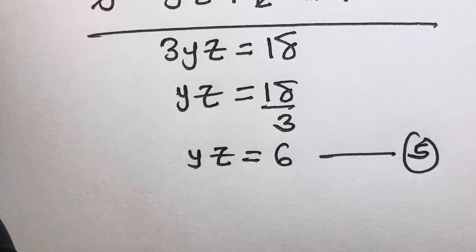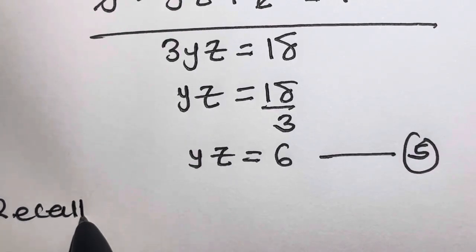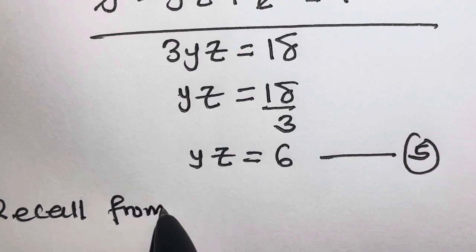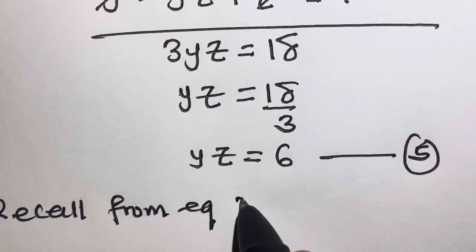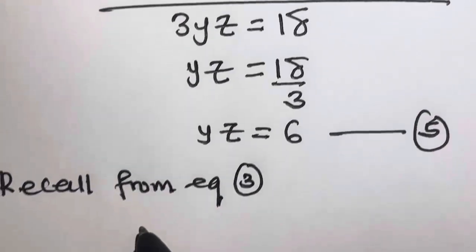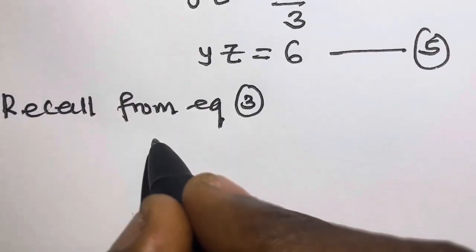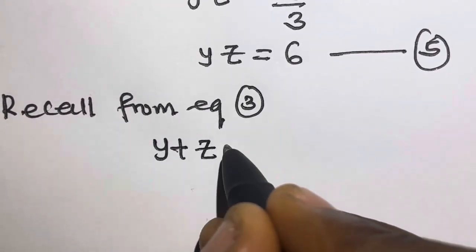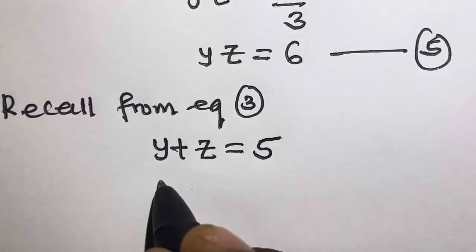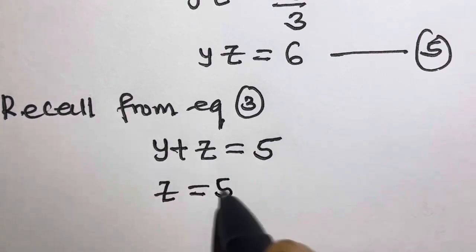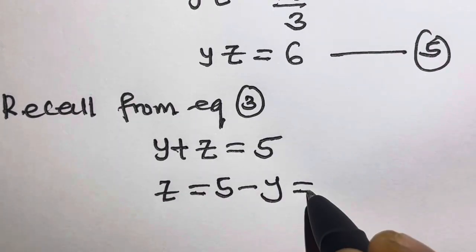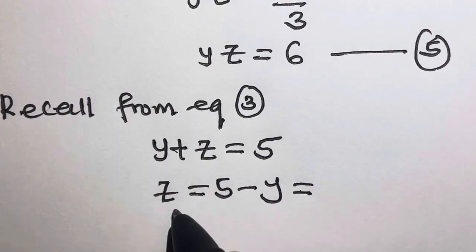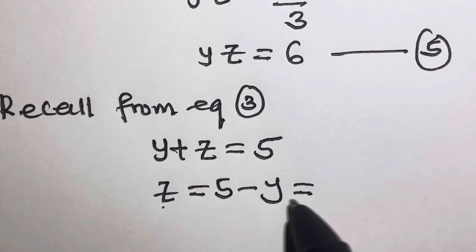So here, let's recall from equation 3 that our y plus z equals 5, and therefore our z will be 5 minus y. So z equals 5 minus y.